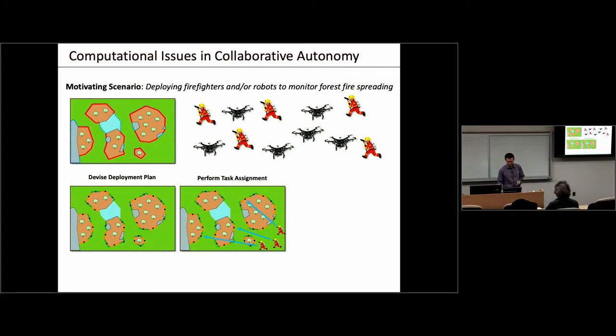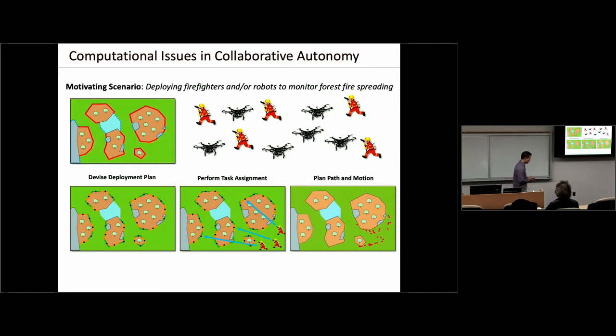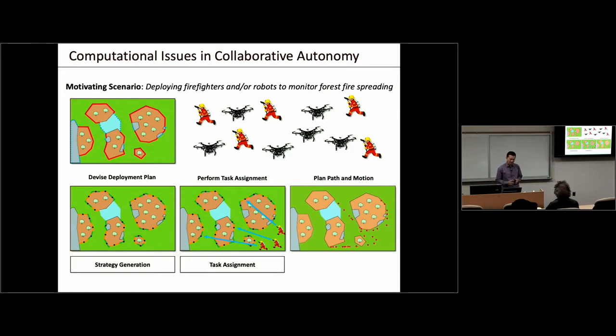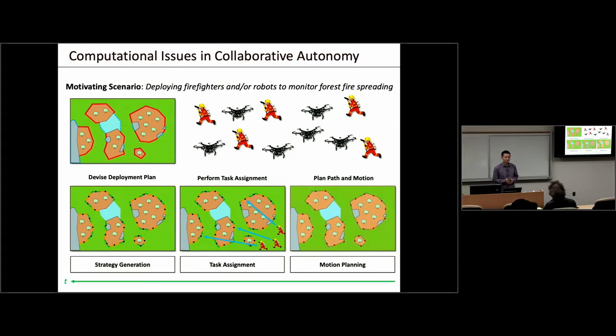And finally, we need to still plan trajectories so that these guards can actually be deployed to these locations. That is, strategy generation, task assignment, and motion planning is a natural three steps in solving this sort of high-level planning task. So I will actually be discussing this in a little bit of a reverse order.